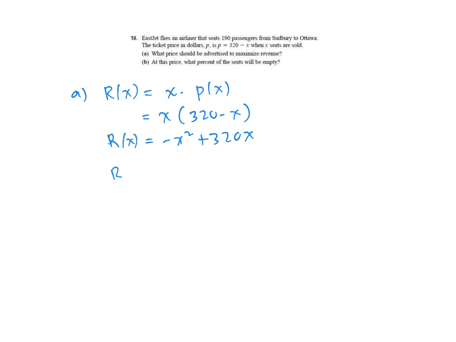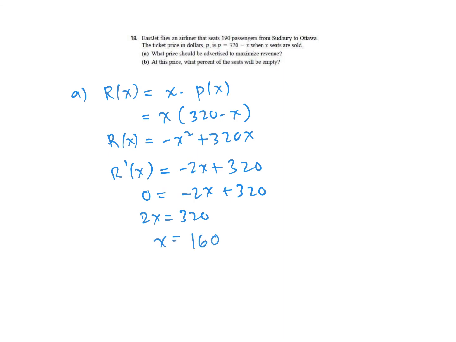So we'll need our derivative, and then we're going to set that equal to 0 to find the maximum. So x will be $160. Okay, so that's the price that we should sell at to maximize revenue.